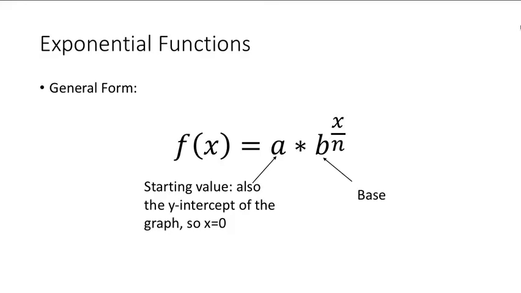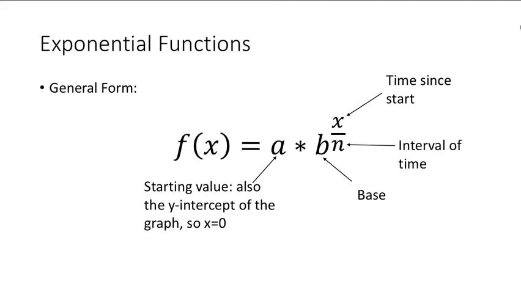B then is the base. That's the factor by which the exponential is getting bigger or smaller. It's what you're multiplying by every single time. The x is the time since the start of the exponential function, so we want to think about that as being from wherever our exponential function started.